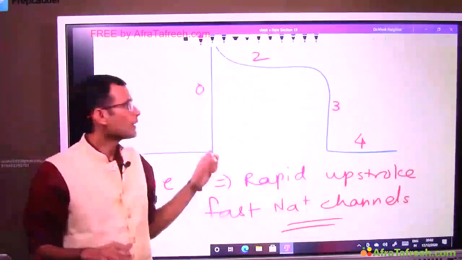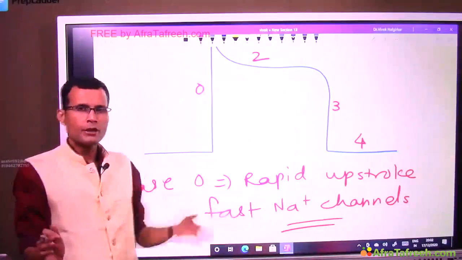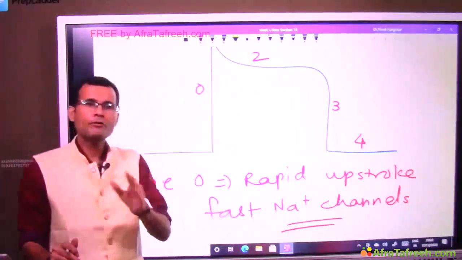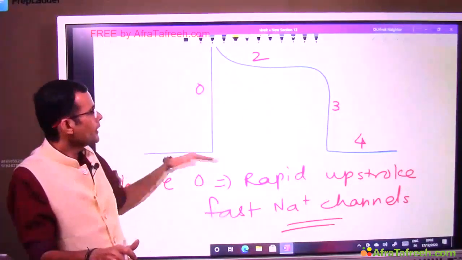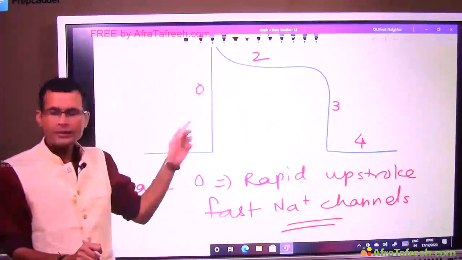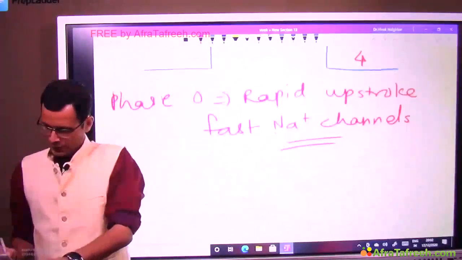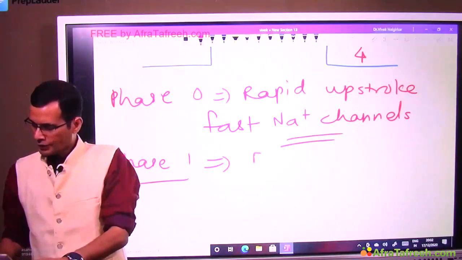Of course, the shape is not exactly the same for all fibers in the ventricle. We have seen that part also. Every fiber, although it is rapidly depolarizing, takes different time to complete the depolarization. We have seen that. Then phase 1, early repolarization.